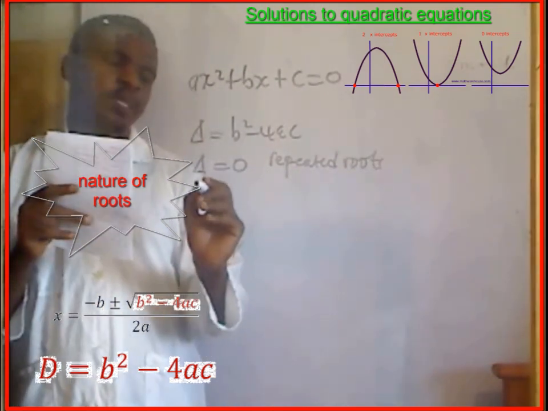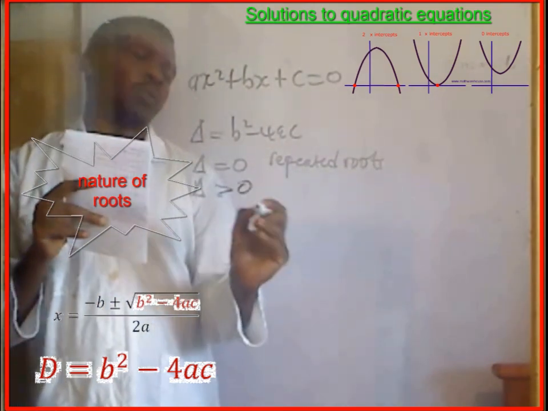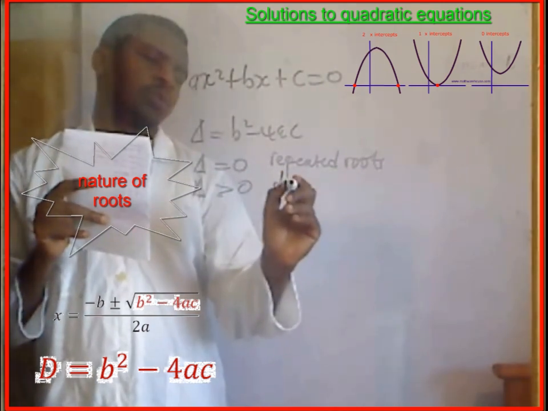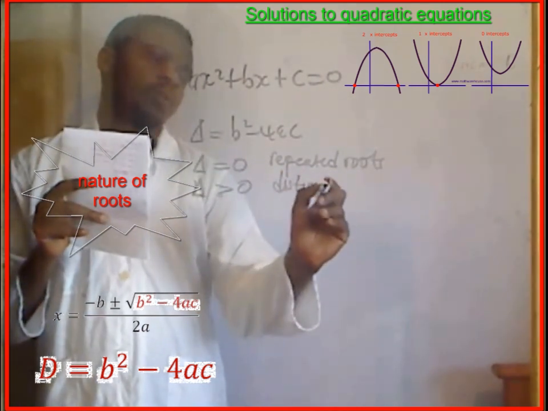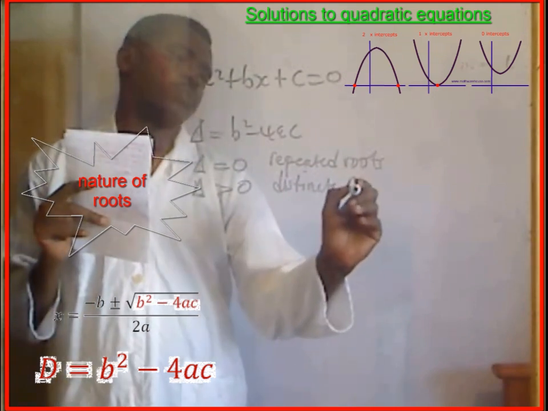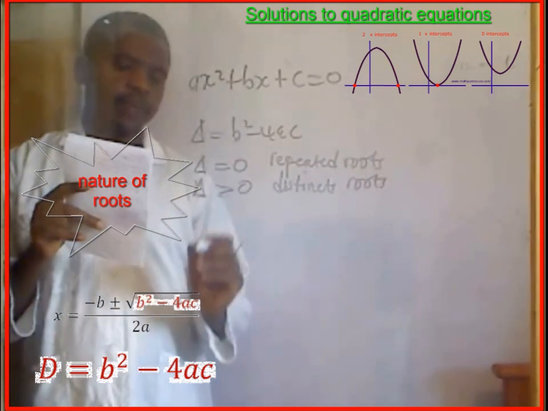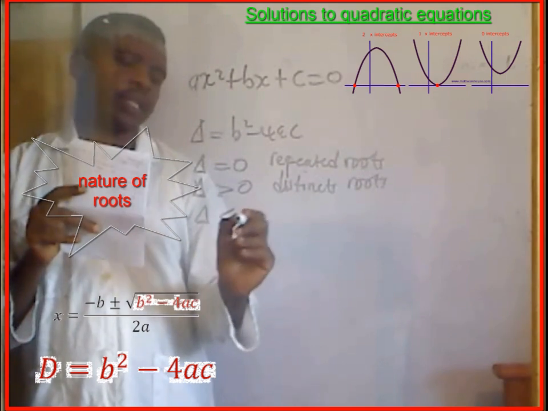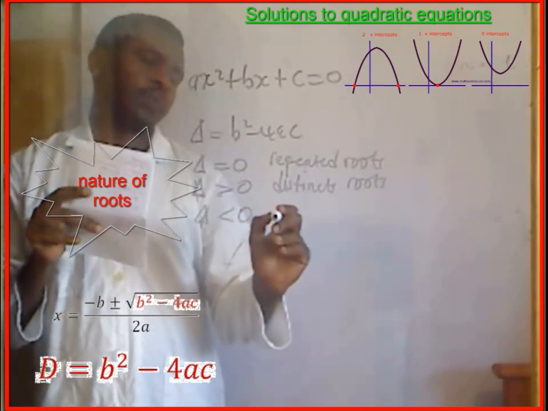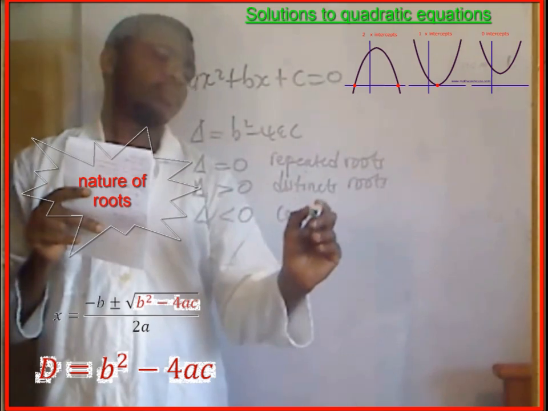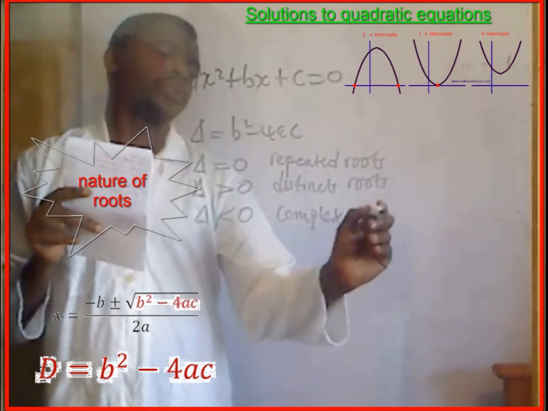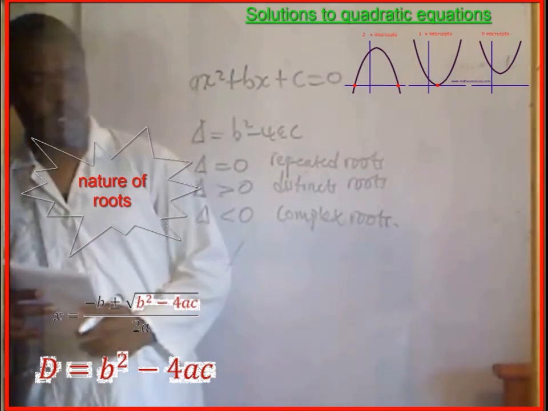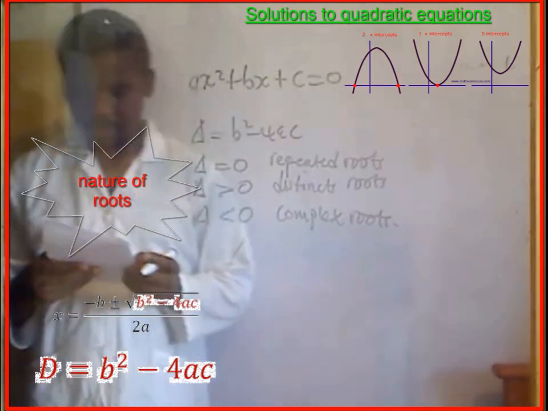If our discriminant is greater than 0, we have distinct roots, real and distinct. But if our discriminant b squared minus 4ac is less than 0, we have complex roots.